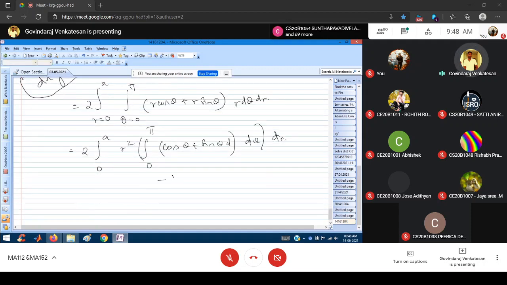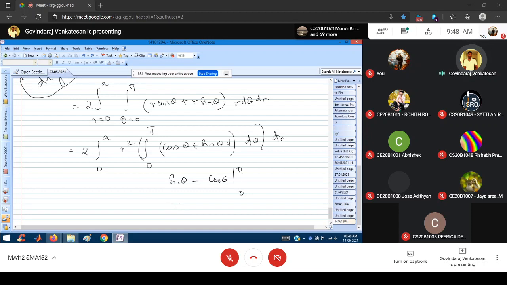So now you integrate. Integral of cos is sin theta, and for sin theta it is minus cos theta. Substitute the upper limits and lower limits.